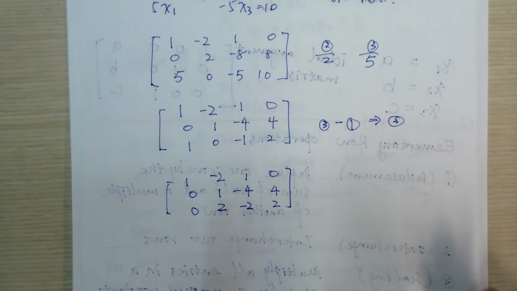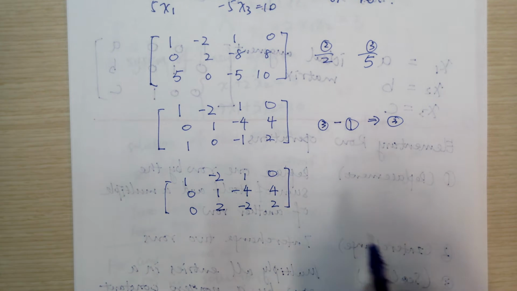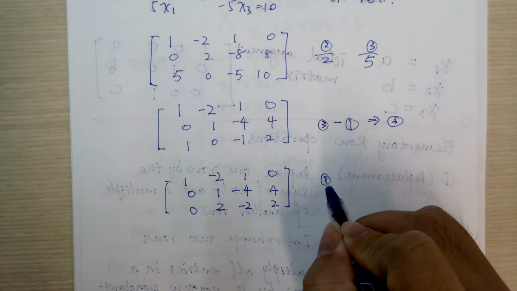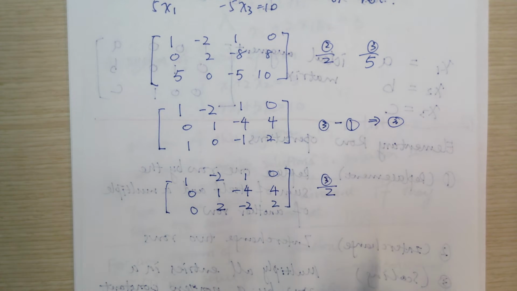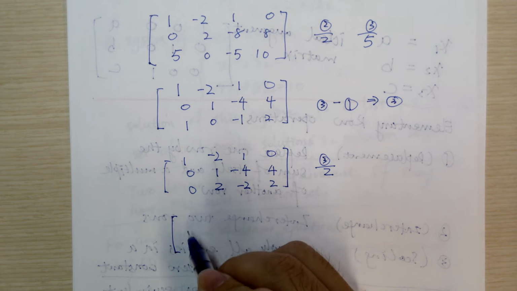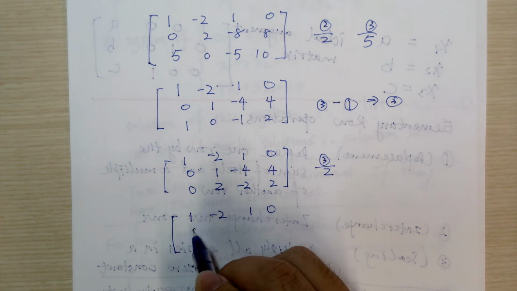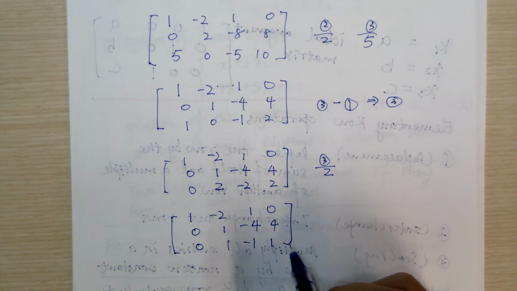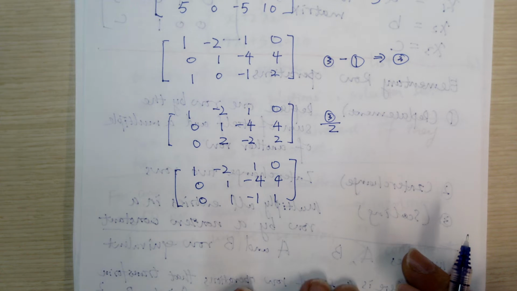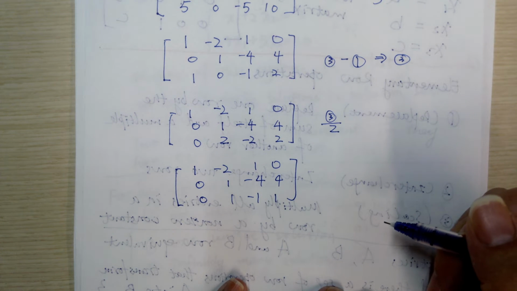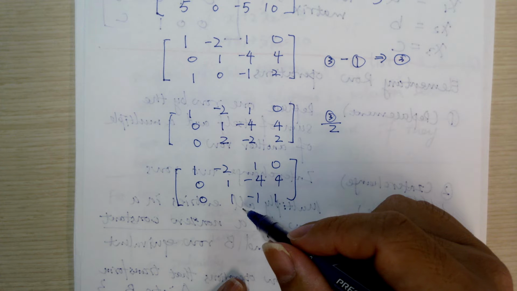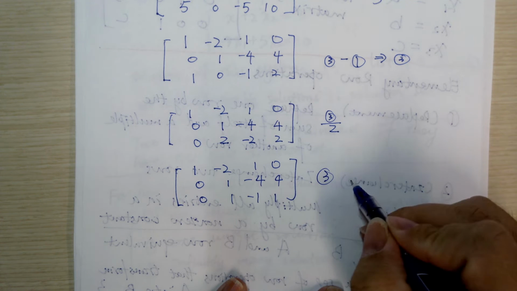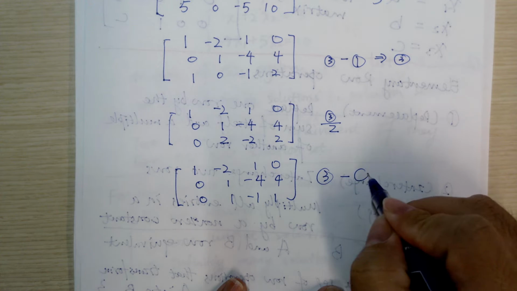If we continue this process, we can let row 3 be divided by 2, because it has a common factor. So we have 1, negative 2, 1, 0; 0, 1, negative 4, 4; 0, 1, negative 1, 1. Now what we can do is use row 3 to subtract row 2.